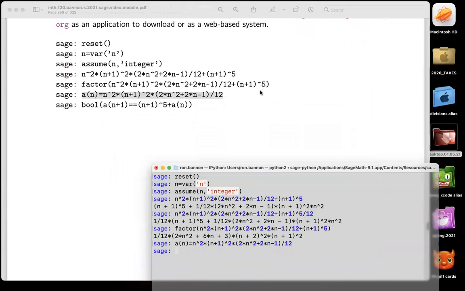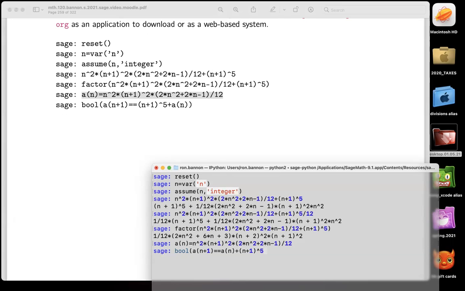And now I'm going to do a Boolean. And this is the part where if I had to do this by hand, this would be really tough for me to do. I want to see if n plus 1 is the same thing as an plus the next term on, which would be n plus 1 to the 5th power.